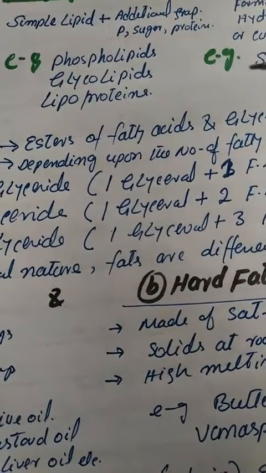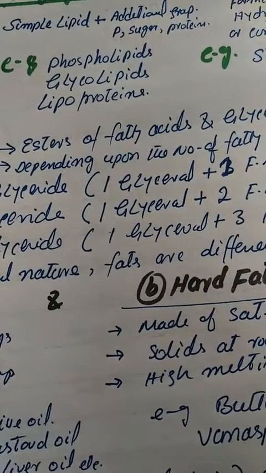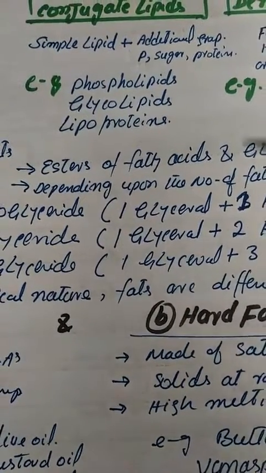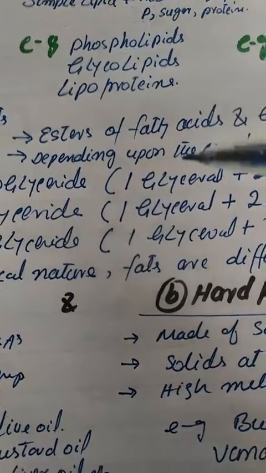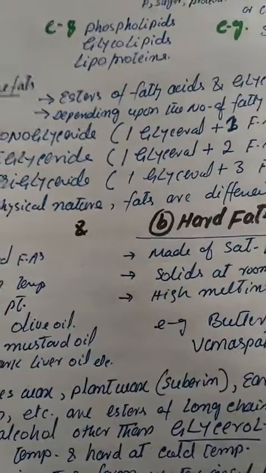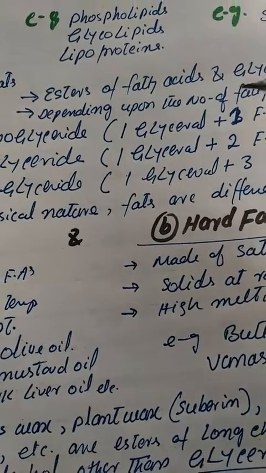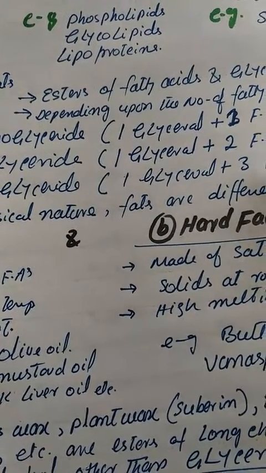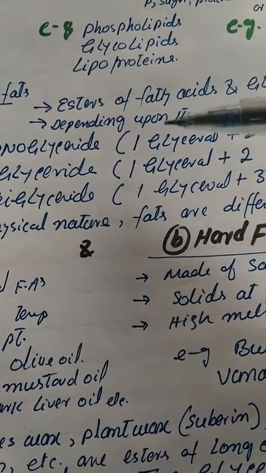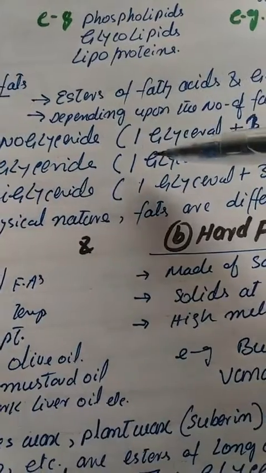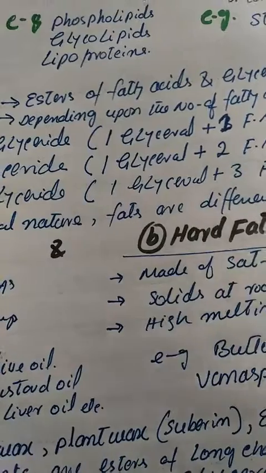Now, depending upon the number of fatty acids, these neutral fats are classified as monoglycerides, diglycerides, or triglycerides, depending upon whether one fatty acid combines with this glycerol, or 2 fatty acids, or 3 fatty acids. If one fatty acid combines with this glycerol, then it is known as monoglyceride, that is one glycerol with one fatty acid.